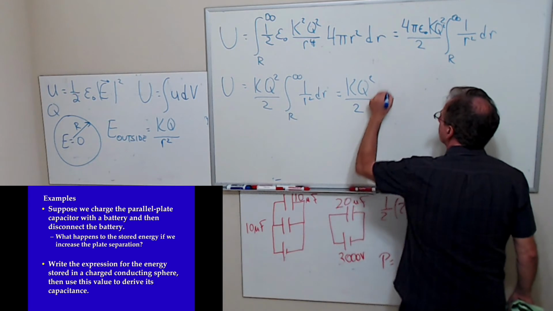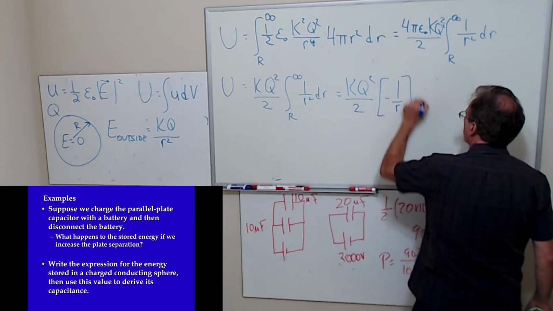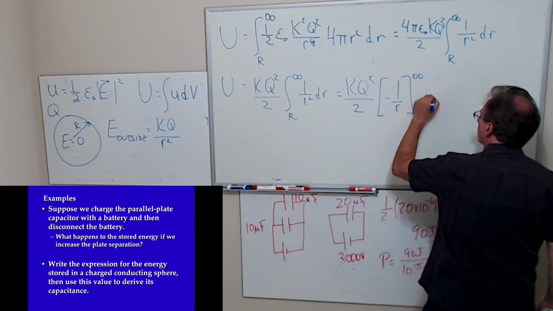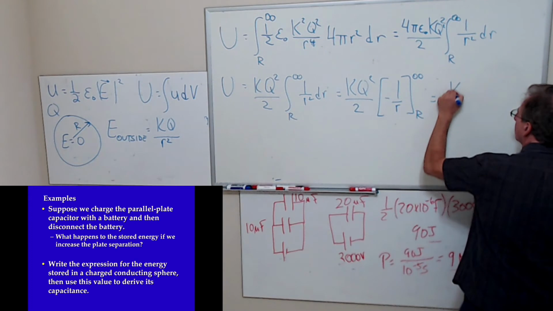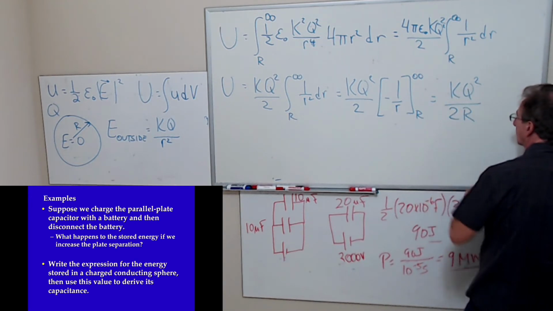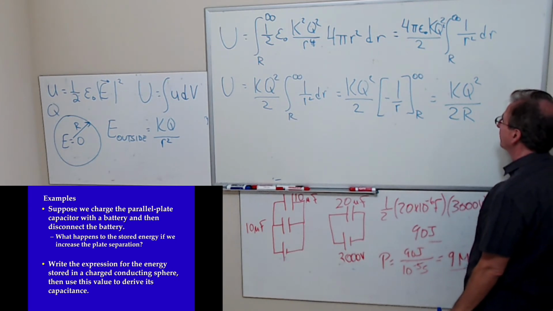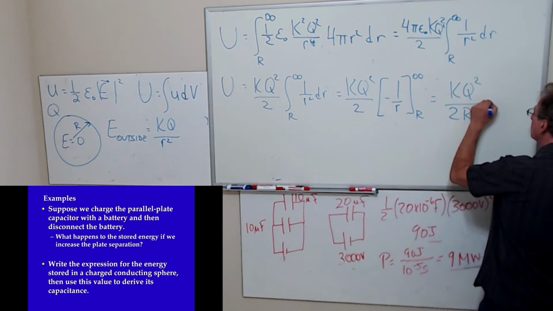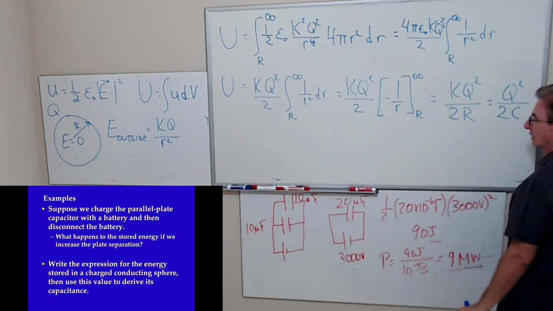And then what does this integral give me? And of course, this ends up being what? K q squared over 2r. It's positive. It better be a positive number. But this is equal to q squared over 2c.